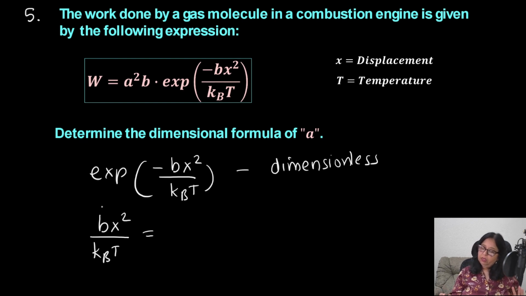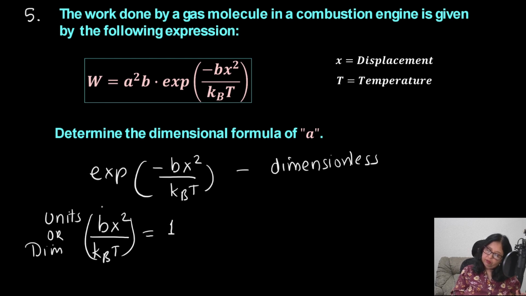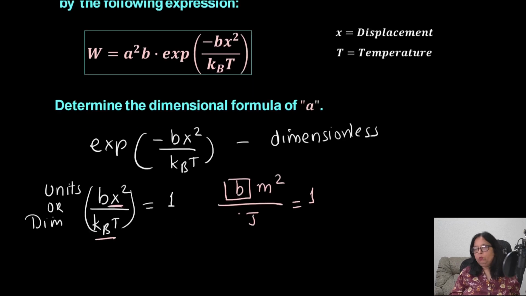It doesn't matter. If I write down the units or dimensions of these, what would I get? 1. So let's go ahead and use units here. Unit of b, we do not know. Unit of x squared, meter squared. Unit of kbt, joule. This equals 1.